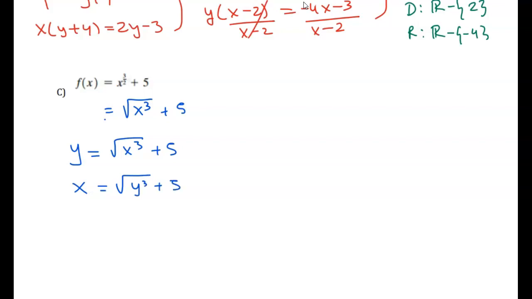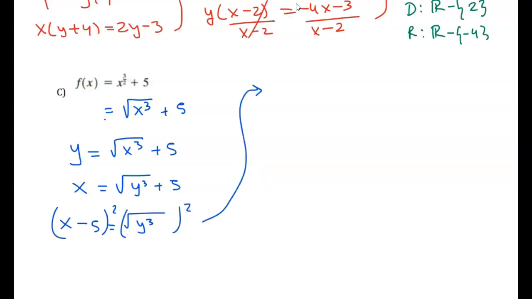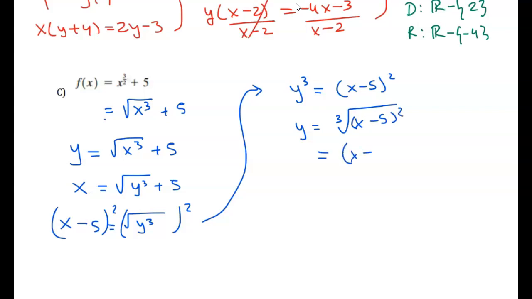So let's solve for y. So subtract the 5. And then we have to square both sides. And we get y cubed equals x minus 5 squared. And then take the cube root. So cube root of x minus 5 squared, or x minus 5 to the 2/3.